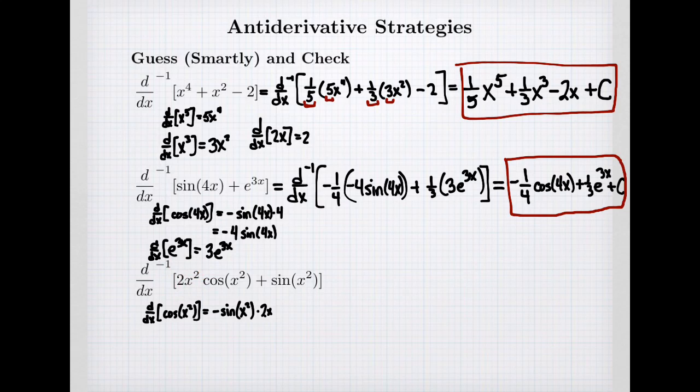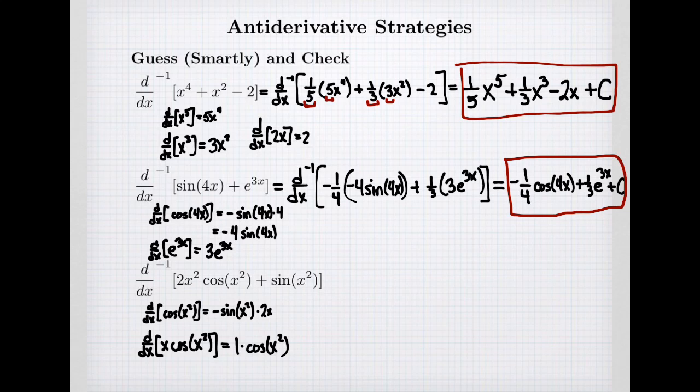At some point, we would want to think, well, maybe it came from the derivative of x times the cosine of x squared, because the product rule would give me two terms. So what would I get? I would get the derivative of x is 1, leave the cosine alone.